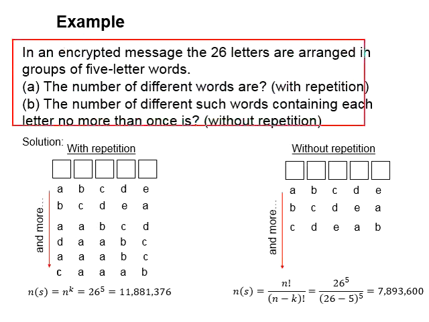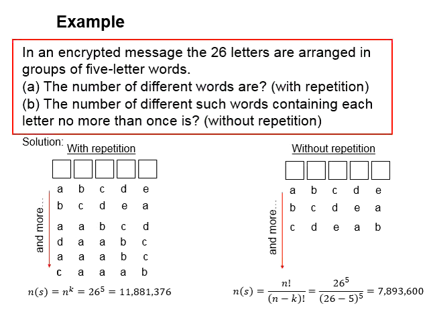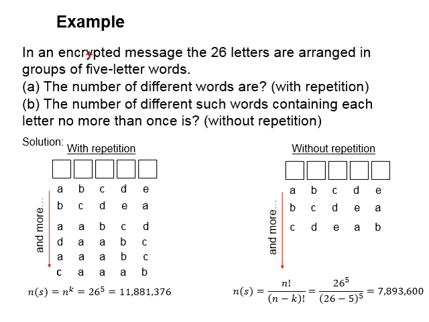To solve these questions, we need to determine whether it is a permutation or a combination. You know that in a 5-letter word, different orders of the letters will give you different words. That means the order is important here. So, permutations will be applied.